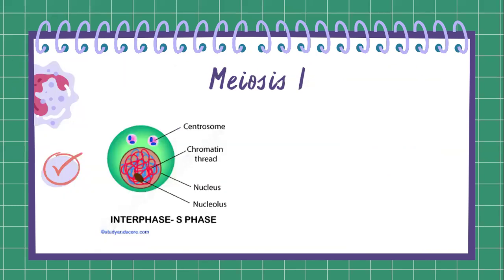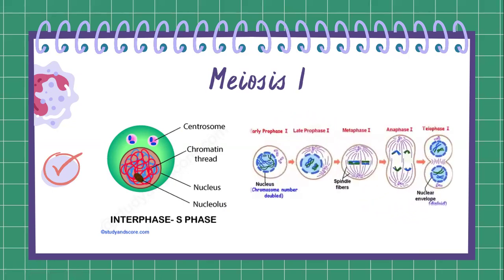So this is a diagram of meiosis. No, it's not meiosis. This is the interphase, showing you the chromosomes going to double their number, and this is the centrosome, with two centrioles, you can say. In this diagram, this is the whole of meiosis one, all of the stages of meiosis one. This is the first phase, interphase.